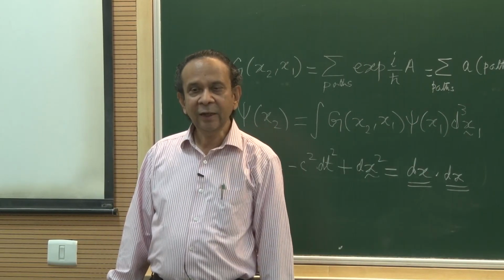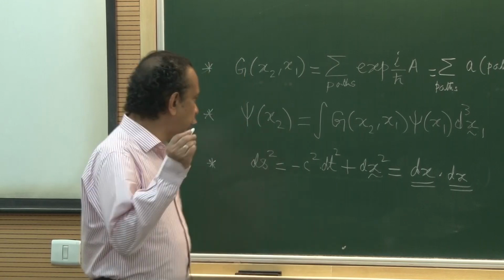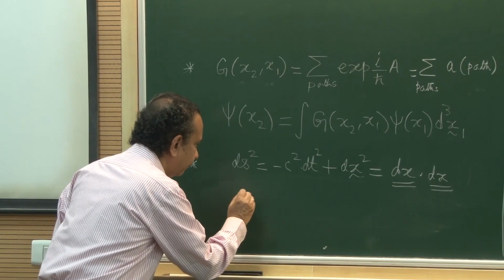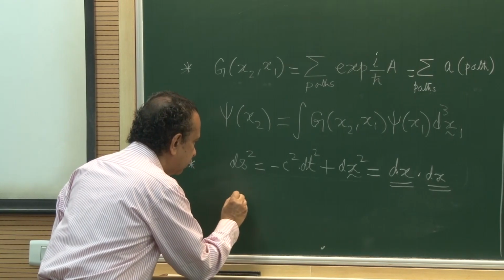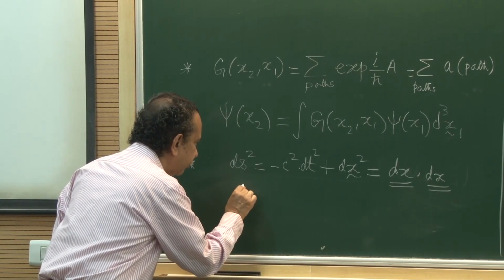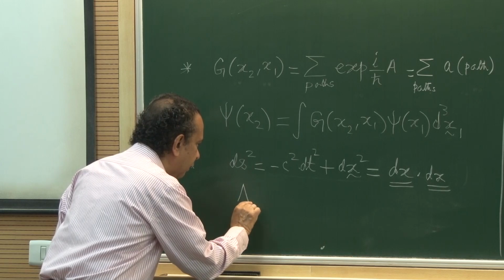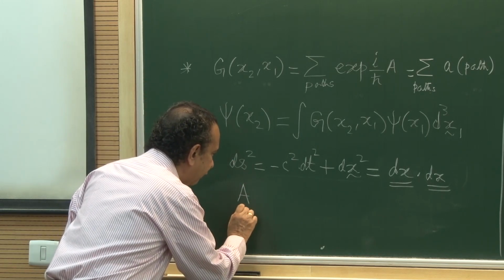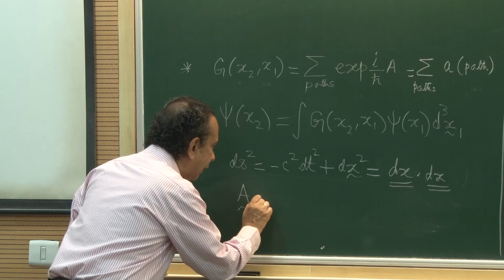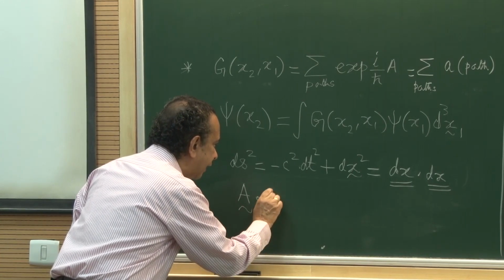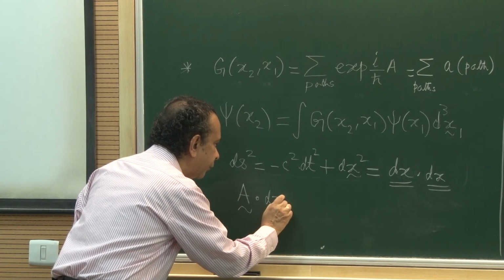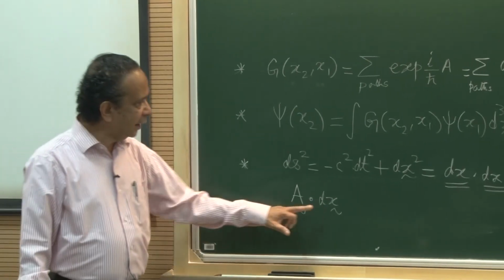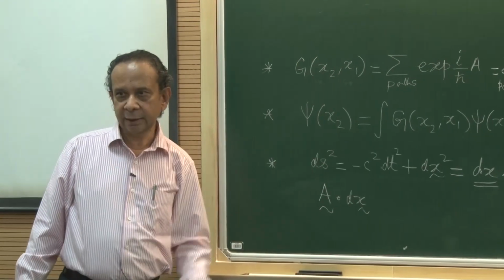Okay. But you can do something else, you can have a quantity which is some vector. Let me call that vector, it should not confuse with action, but let me call that vector A. In 3 dimension, I could have taken a vector A and I could have taken a dot product with dx, these are 3 dimensional quantities, and that is linear in dx and it is additive in dx.